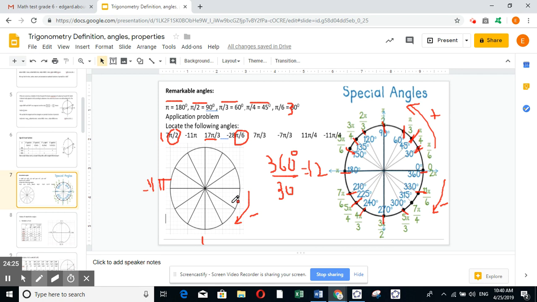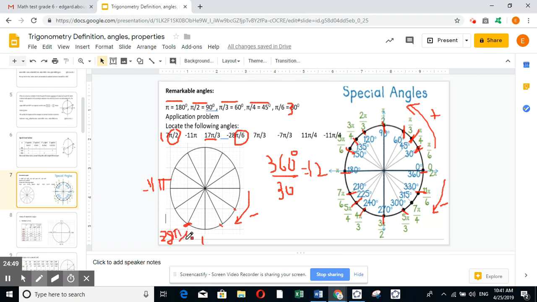The quadrant is 3 30s. So minus 12, minus 24 remains minus 4. 1, 2, 3. This is minus 28 pi over 6. Suppose here minus 28 pi over 6.